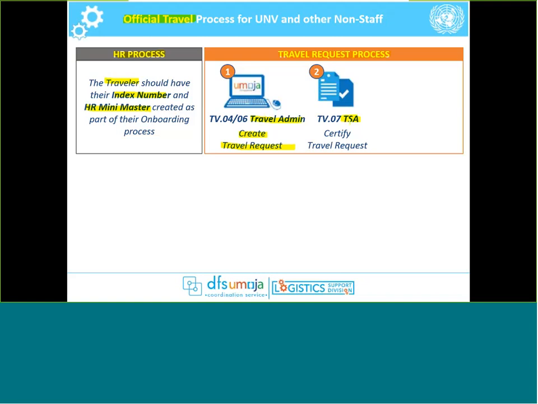TSA will certify the travel request, and once the TSA certifies the travel request, it will go to the TPOs for approval. TPO meaning the travel processing officers, the ones that are responsible for purchasing the tickets.